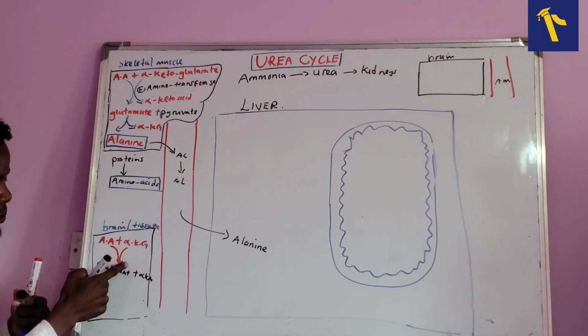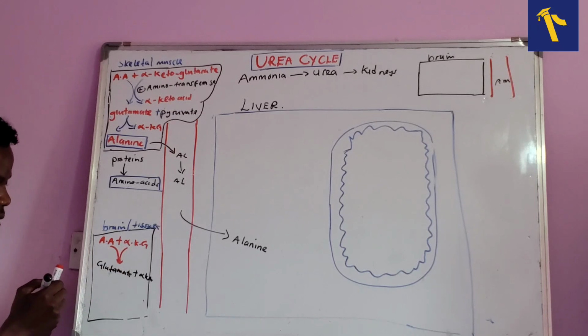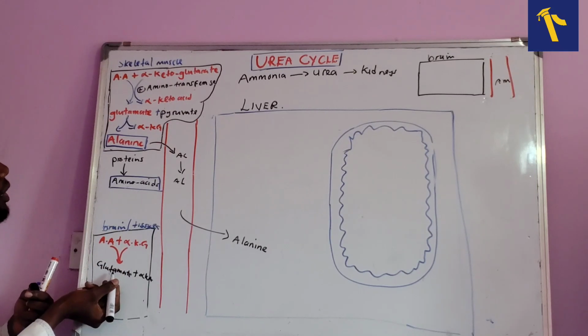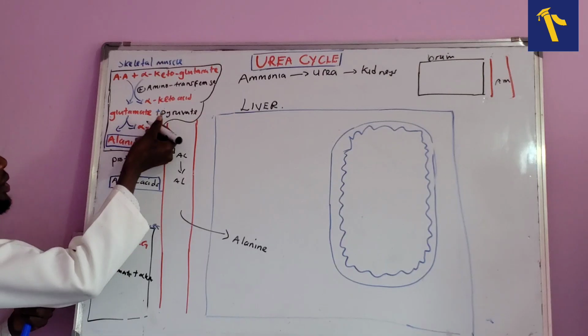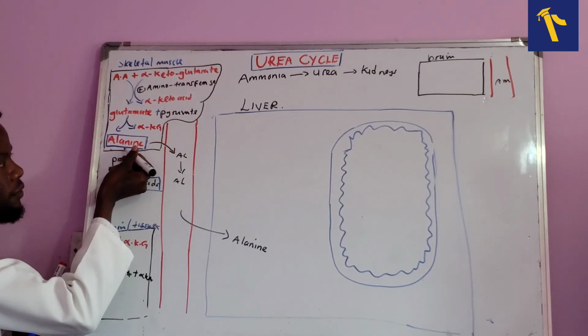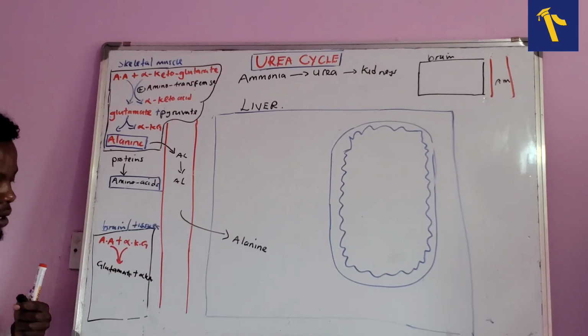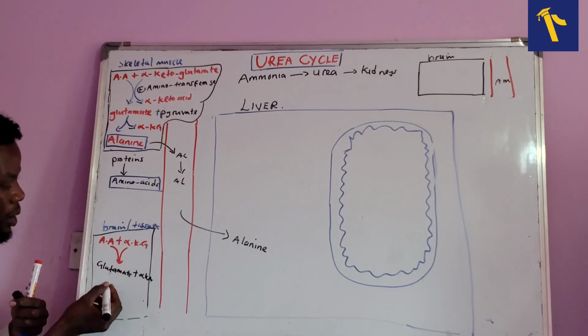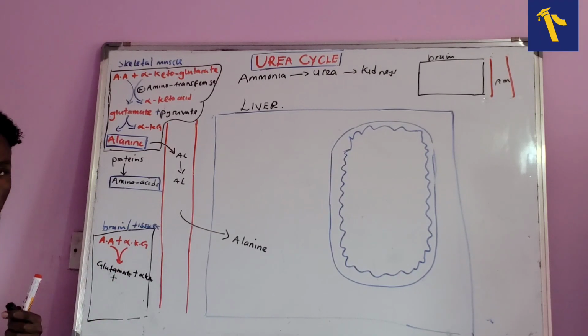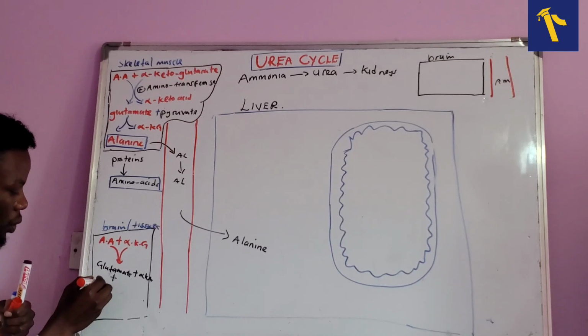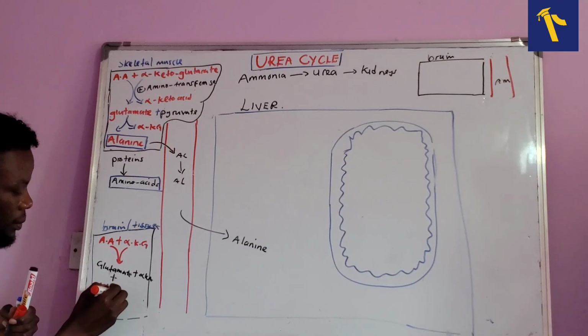Now the most important thing is the glutamate, so we're going to start using the glutamate. Initially here, we used glutamate so that it combined with pyruvate to have alanine, so that alanine can be transported via the blood up to the liver. The same applies here. Now this glutamate is going to combine with something else, because this is not the skeletal muscle, it is the other peripheral body tissues. So it's going to combine with free ammonia.